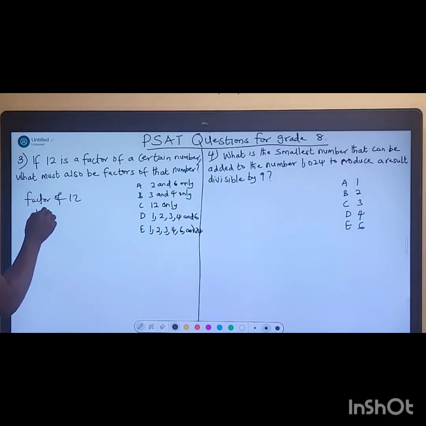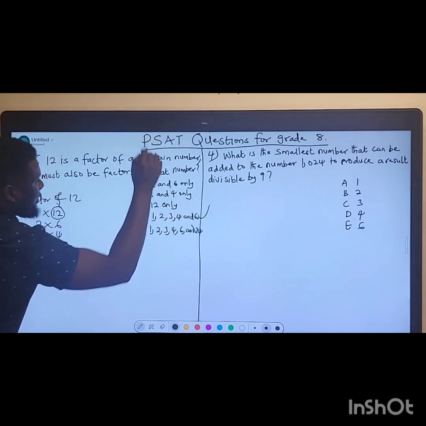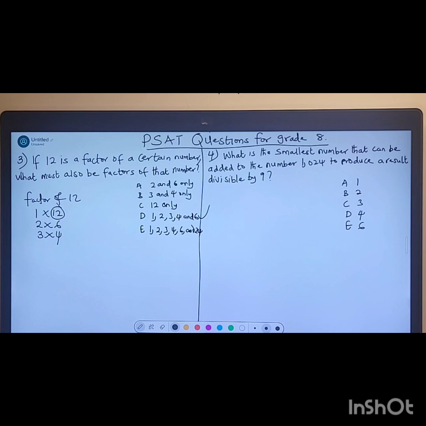We have 1 times 12, 2 times 6, 3 times 4. These are the factors of 12. Now if you take out 12, because 12 is already in there, what will be left? 1, 2, 3, 4 and 6. So that means D is the answer for that.